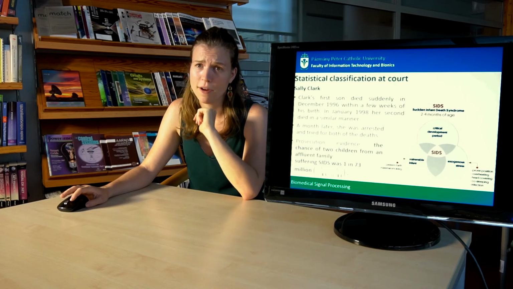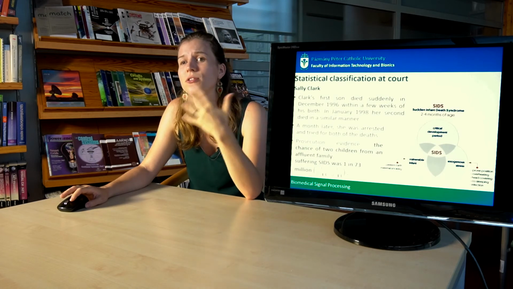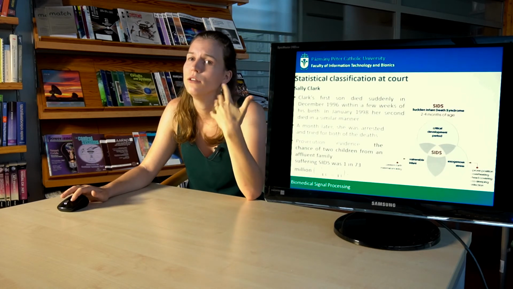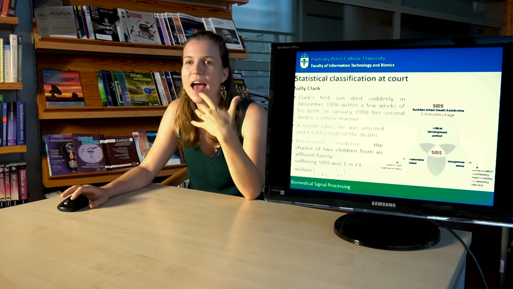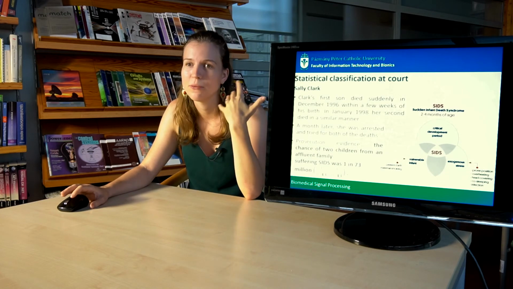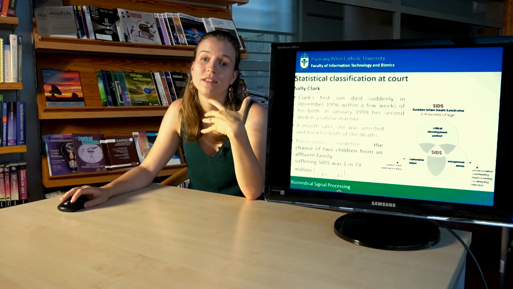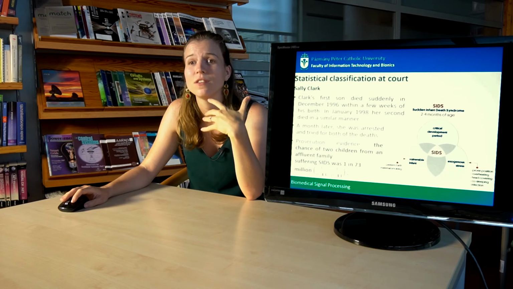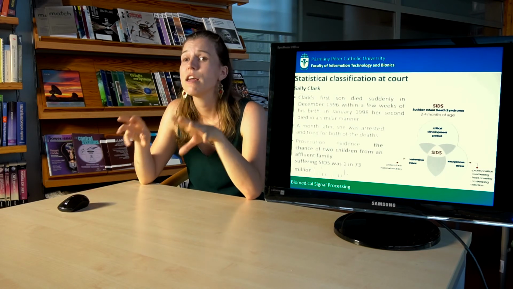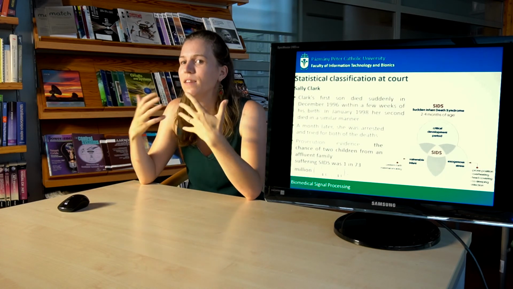It quite ruined her life, but actually the authorities had to admit that this conclusion was wrong, because they hadn't considered many other circumstances which you have to. So we know from statistics that we can multiply such probabilities together if the events are independent. But is it independent?